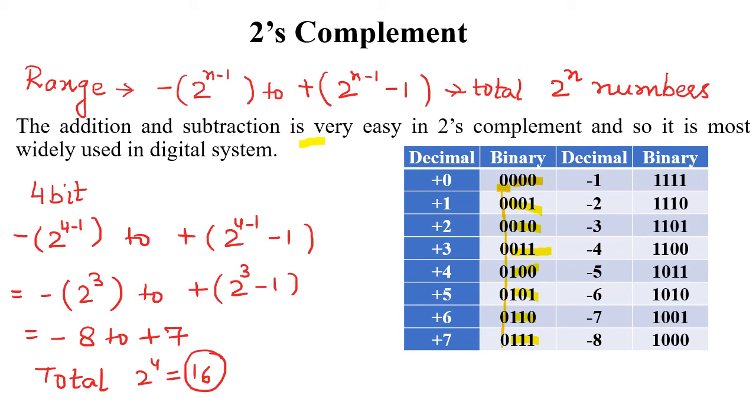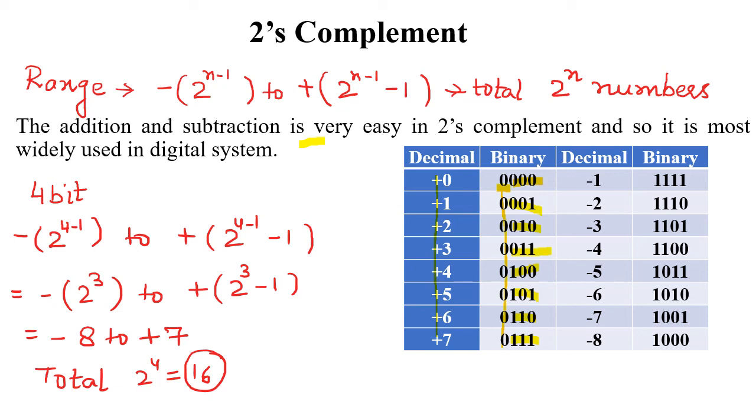And in front of all of them there is a 0, which indicates the numbers are plus. Now to find 2's complement value for the negative number, you have to take its 1's complement and add a 1 to it.